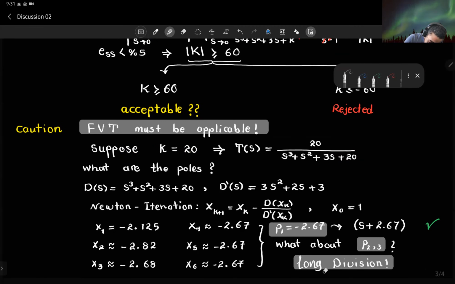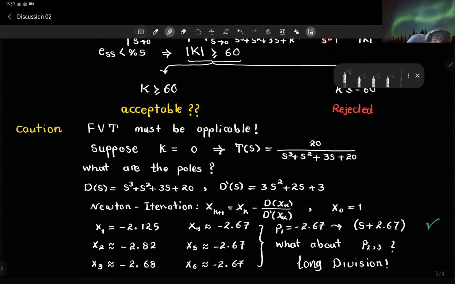So suppose that k is equal to 60. Okay, we get 60 here and 60 there.